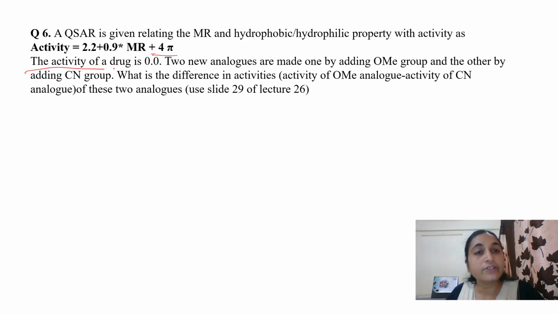The activity of the drug is 0. Two new analogs are made, one by adding the OMe group and the other by adding the CN group. So what is the difference in activity?